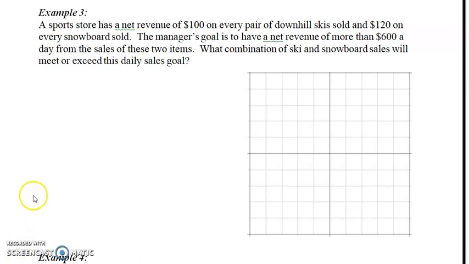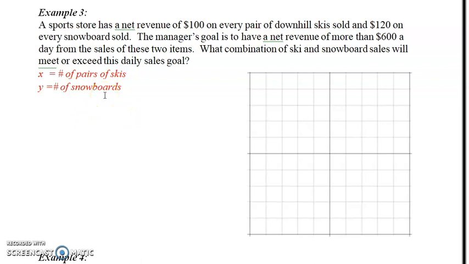So let's write down what we know and what we have. You may remember from last year, we have to set our variables equal to something, right? So we'll let x equal the number of pairs of skis, and we'll let y equal the number of snowboards. Okay.